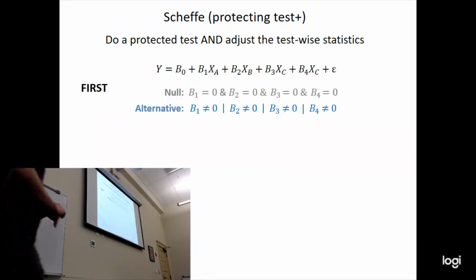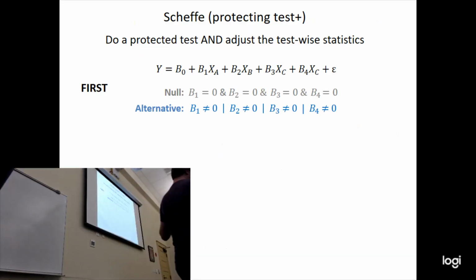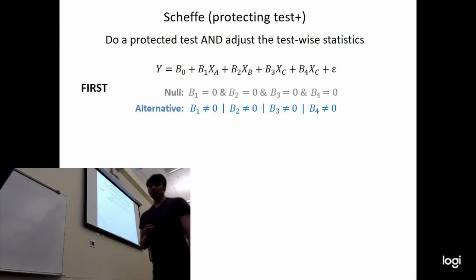The way it works, you still have to do this procedure of doing protective tests. But Scheffé, in addition, does a correction to the p-values that you get for each individual contrast. So that's really the extra price that you pay for not defining a family. It's that you apply a really harsh correction to everything that you get from the model.